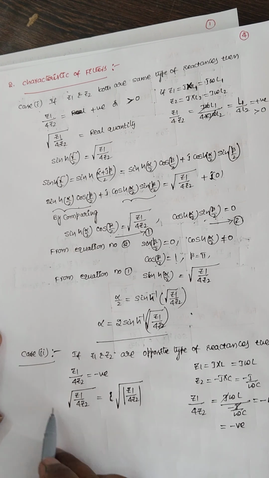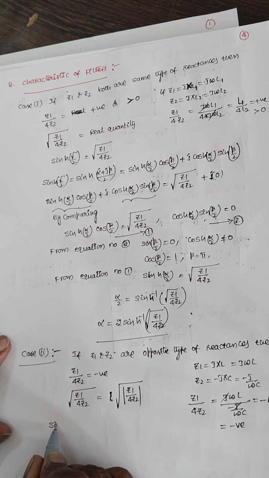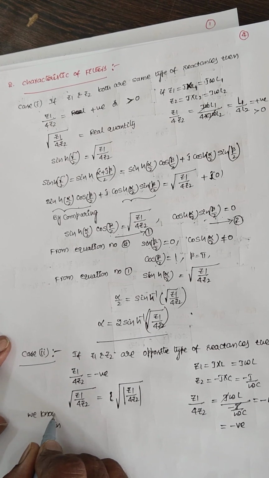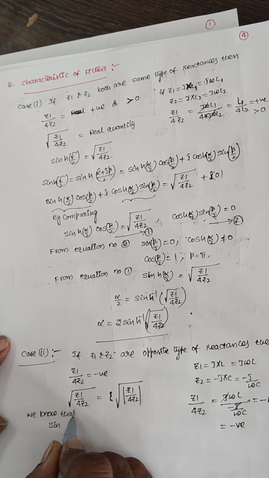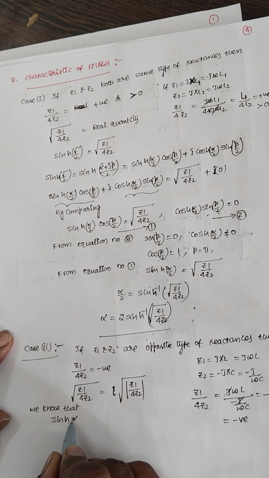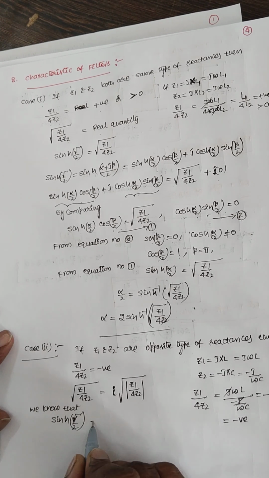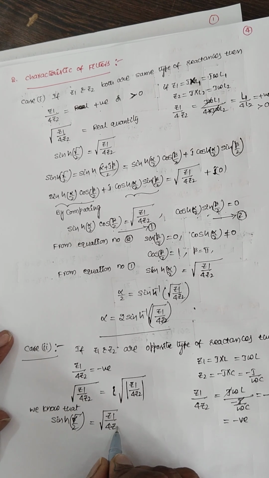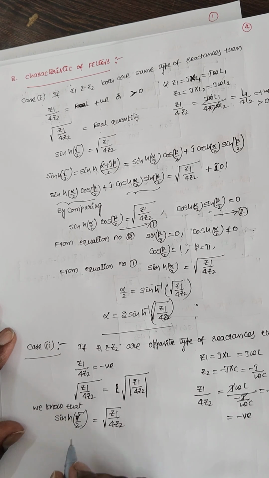Now let us substitute this in sin h gamma by 2. We know that sin h gamma by 2 is equal to square root of z1 by 4z2. Now let me expand this.